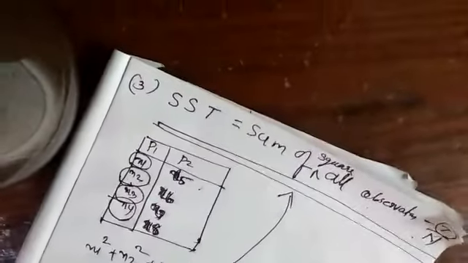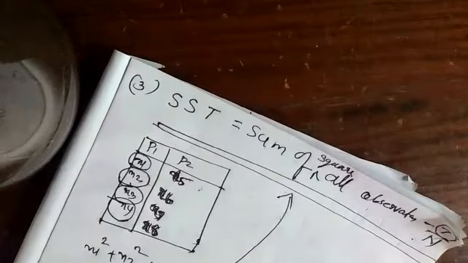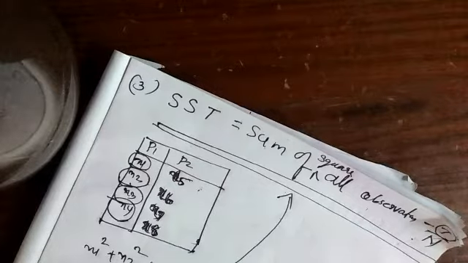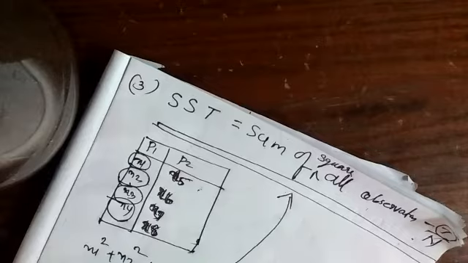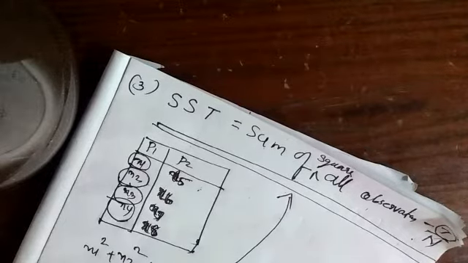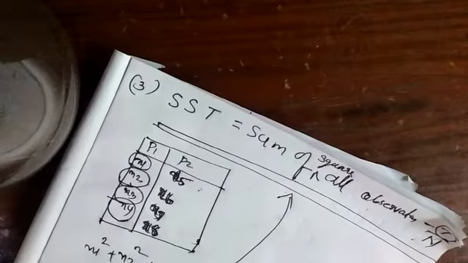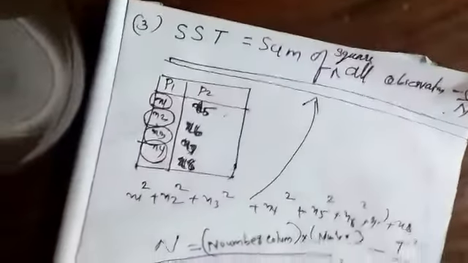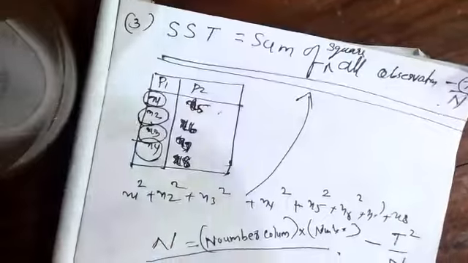SST is the sum of square of all observations minus T square by n. Sum of square of all observations means you take each observation, square it and add it. Then that is minus T square by n. That is the third step.